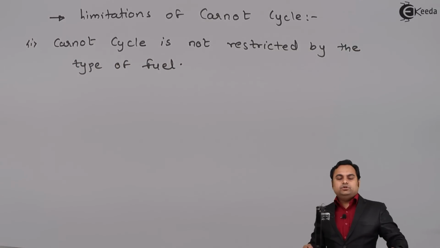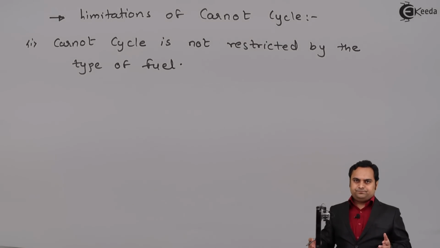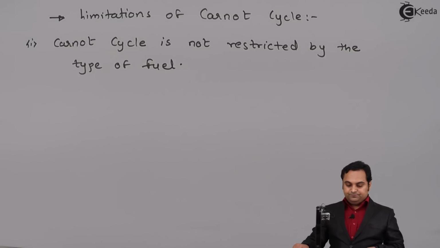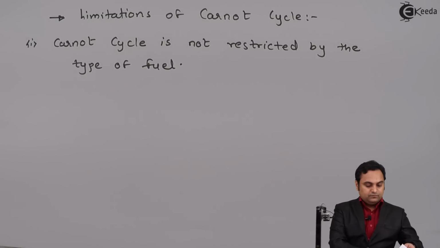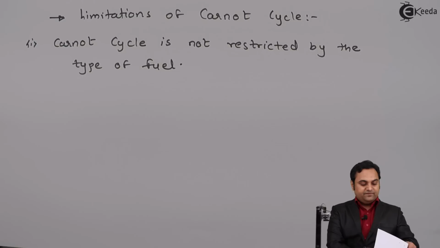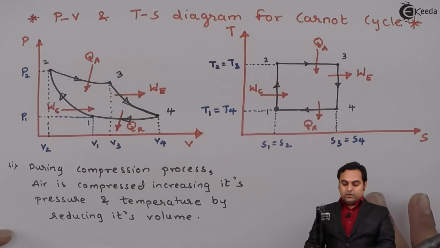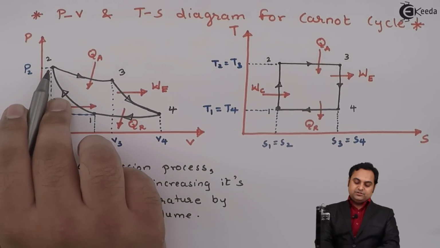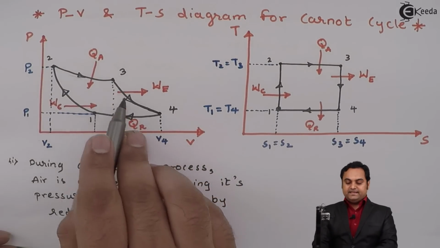The Carnot cycle does not take into account the kind of fuel used, meaning we can use the Carnot cycle everywhere because the fuel is not mentioned specifically. Then, in the processes which we have seen, process 1 to 2 was reversible isentropic compression, and 3 to 4 was reversible isentropic expansion.